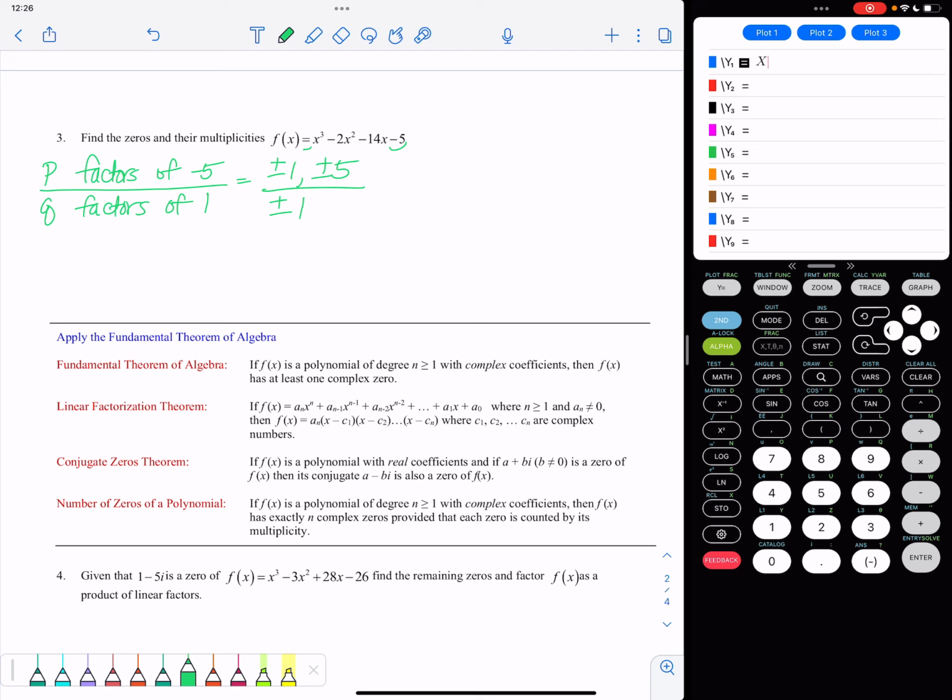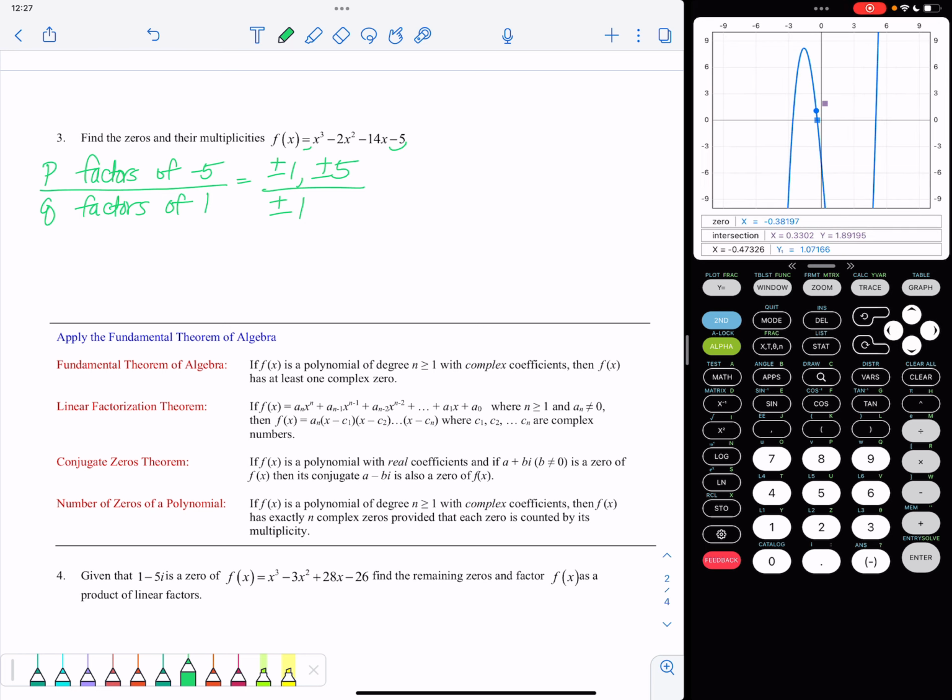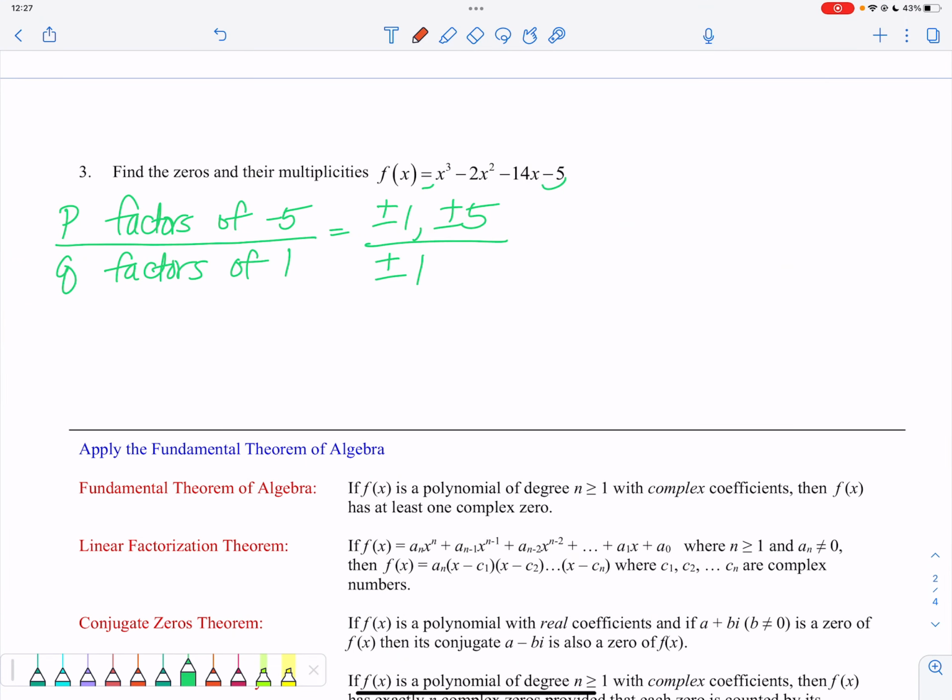So we have x cubed minus 2x squared minus 14x minus 5. And let's take a look at this, zoom 6. And as you can see, the only real 0 I see is at 5. The other ones look like they're not right on a crosshair. So let's go ahead and begin with 5.